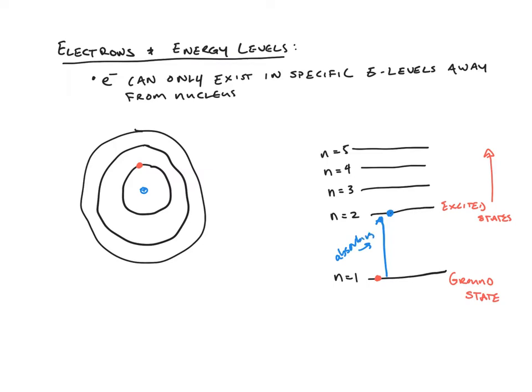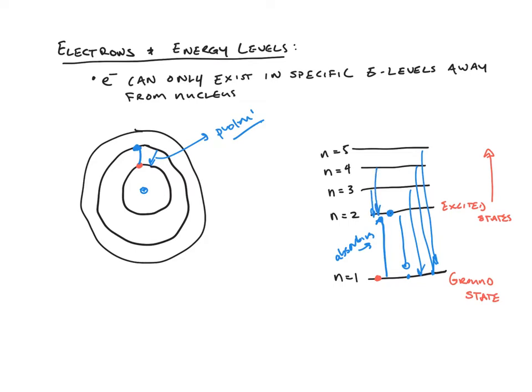Same thing here, this electron is absorbing energy, jumping up further away from the nucleus. It eventually is going to fall back down. When it falls back down, it's going to emit light in the form of a photon. And so the frequencies we see are only the frequencies that correspond to the electron moving between these very specific energy levels.